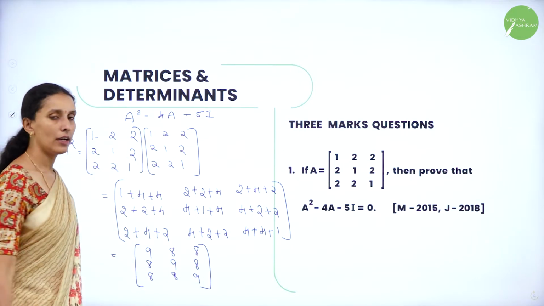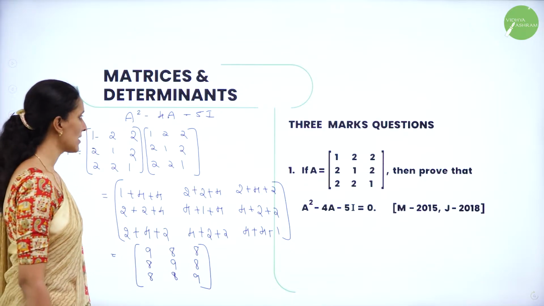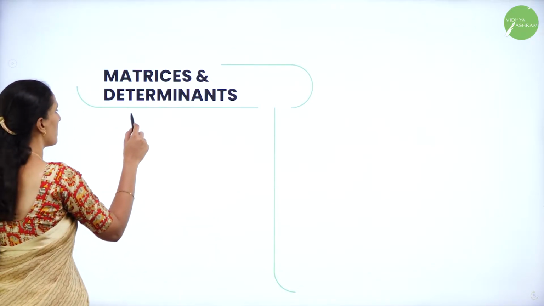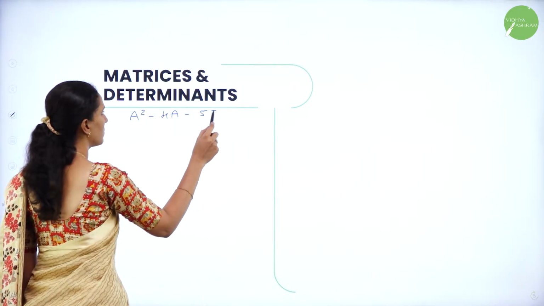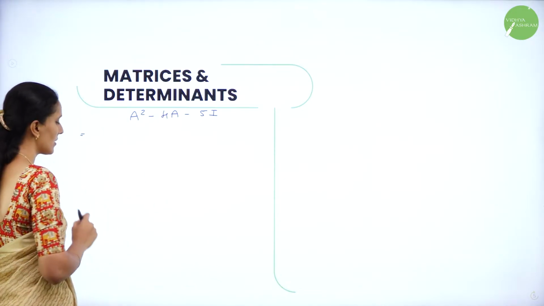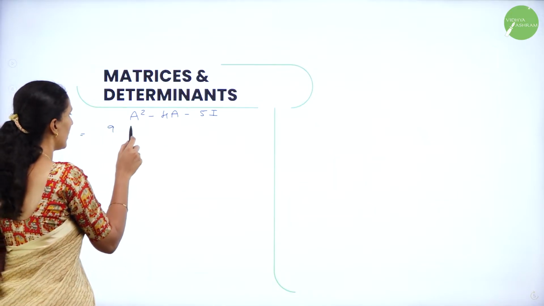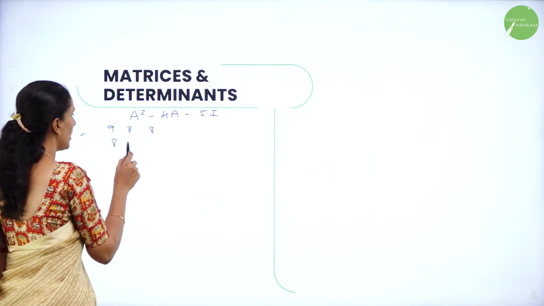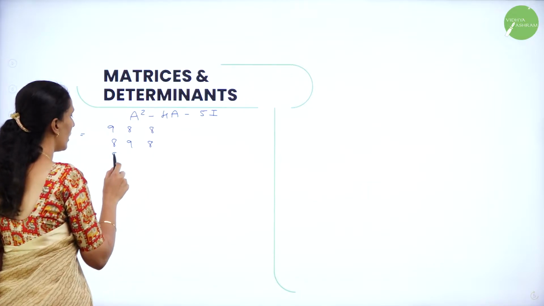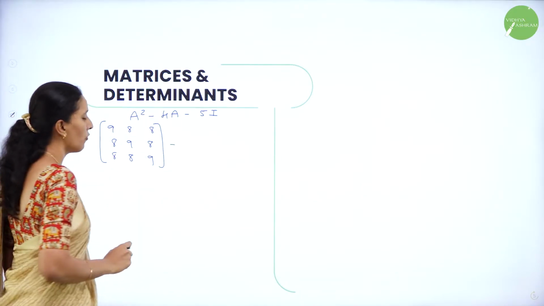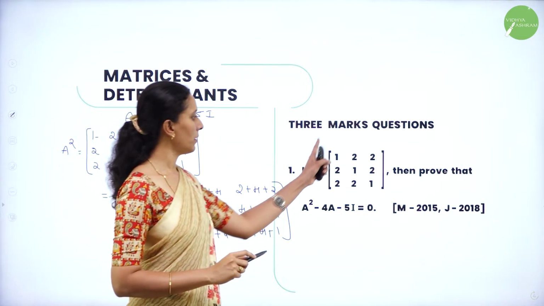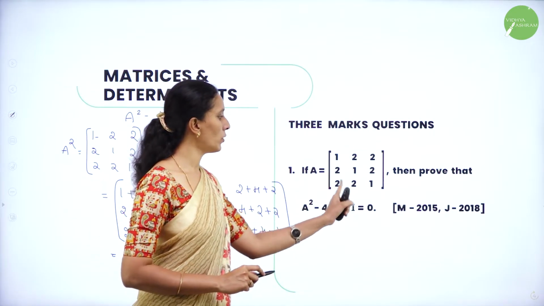Now let us consider A square minus 4A minus 5I. A square is [9, 8, 8; 8, 9, 8; 8, 8, 9]. Now 4 into A, that is we have to multiply 4 to [1, 2, 2; 2, 1, 2; 2, 2, 1].